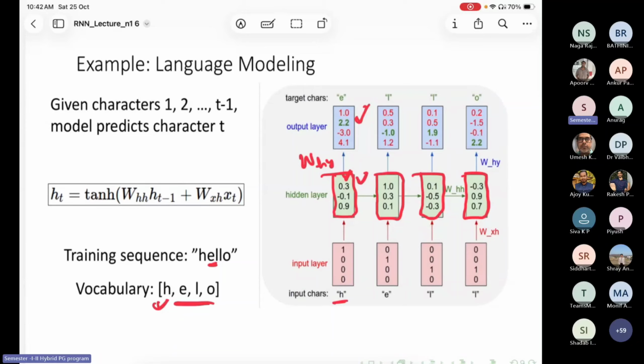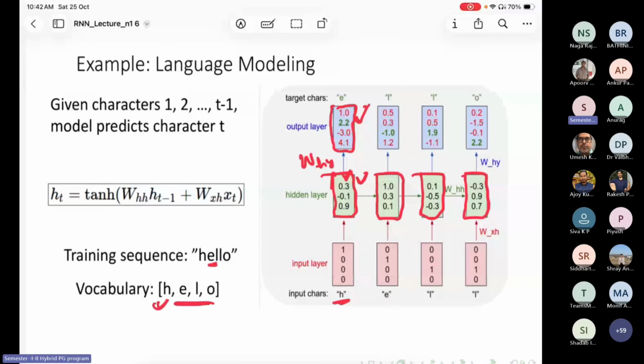So whenever I'm giving H, it should give a four-dimensional vector. Why? Because we have a one hot encoding representation, and you apply softmax, so whichever gives the maximum probability, you consider that as the class.